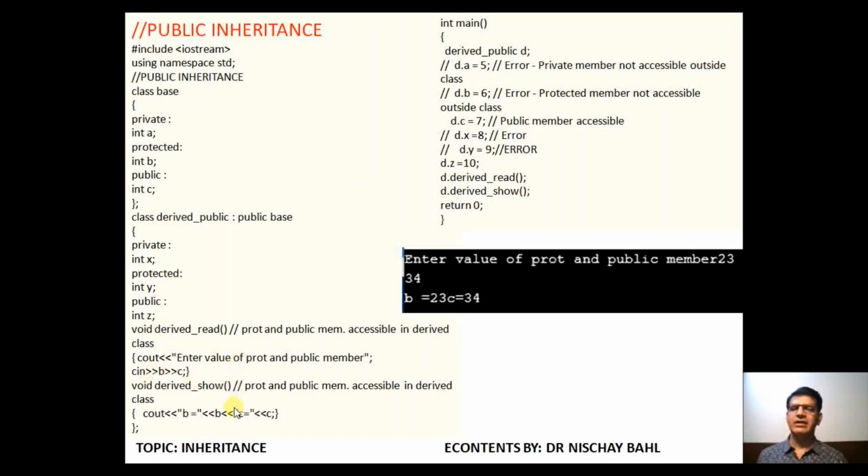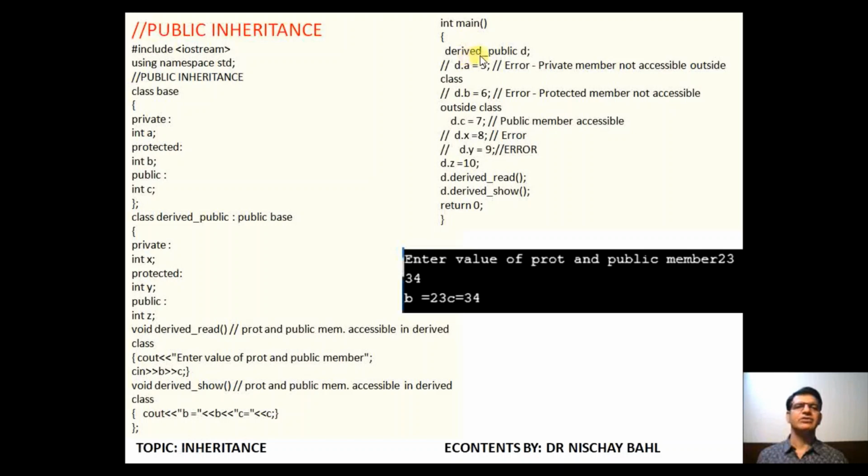Then we have written one derived read function which reads B and C, that is the protected and public members of the base class. Then we have written one derived show function which prints B and C, which are the protected and the public members of the base class. And in the main program, we are creating an object of a derived class.